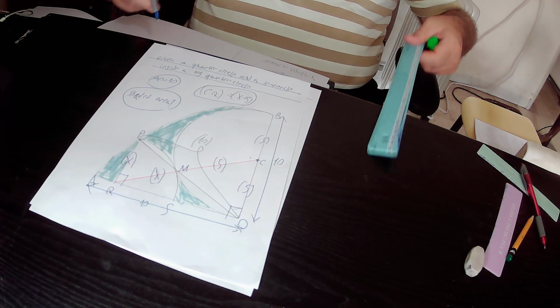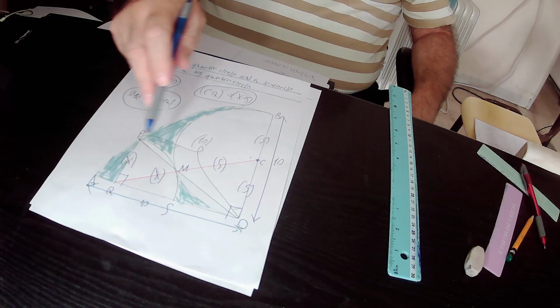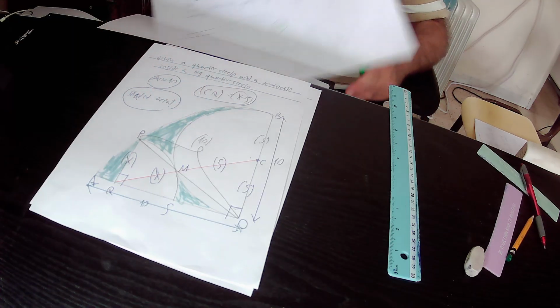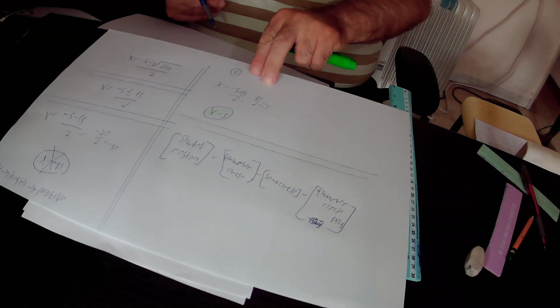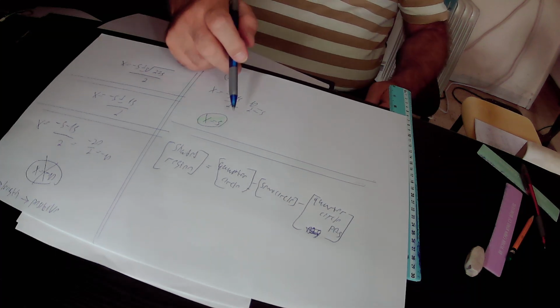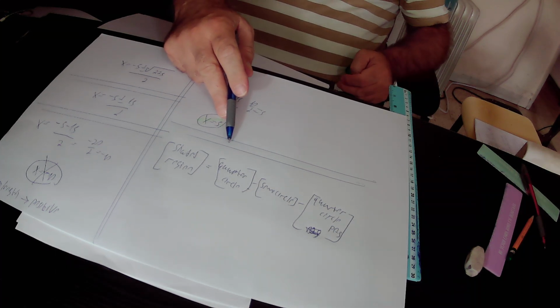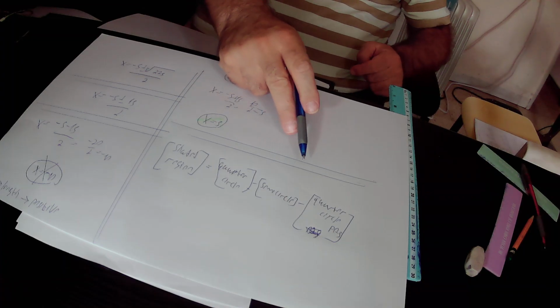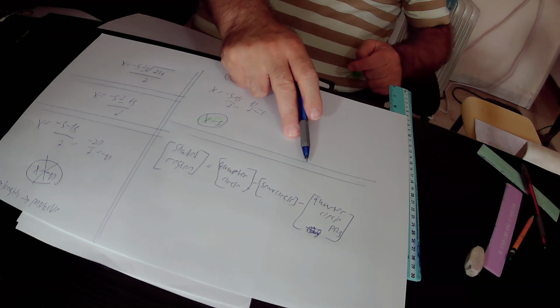Again, the size of this shaded region is equal to the area of the big quarter circle AOB minus the area of the semicircle minus the area of the small quarter circle PQS.